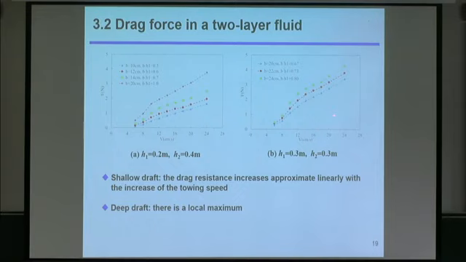At the same time, with the shallow draft, for example like this one, the increase is approximately linear with increase of towing speed. But for this kind there will be a local maximum, but it's not very obvious, not clear.